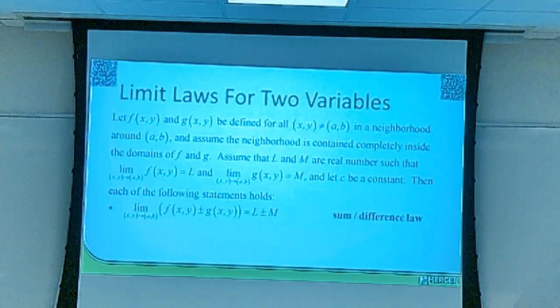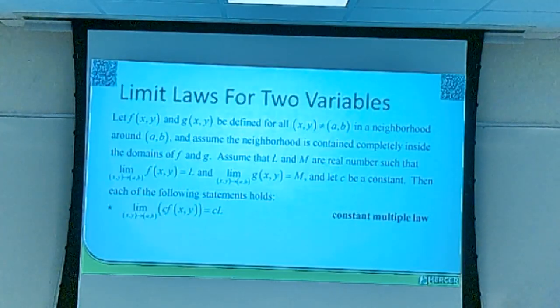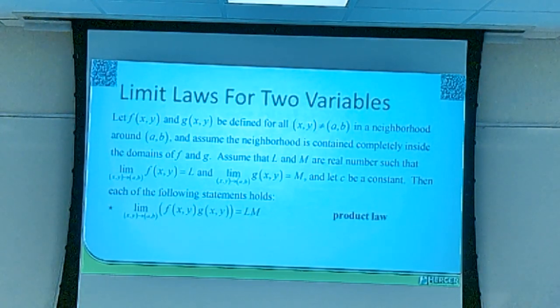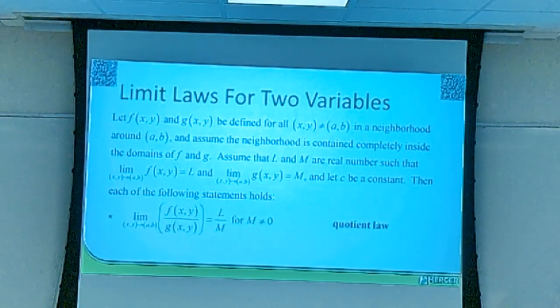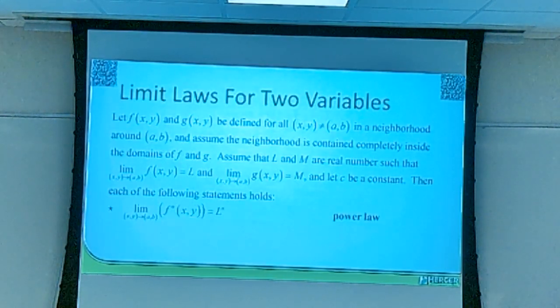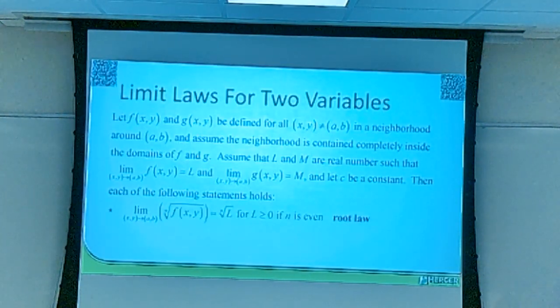You have your sum and difference law, which still holds. The limit of a sum or difference is just the sum or difference of the limits. The limit of a constant multiple is just the constant multiple of the limit. The limit of a product is the product of the limits. The limit of a quotient is the quotient of the limits, as long as the limit of the denominator is not 0. The limit of a power is the power of the limit.